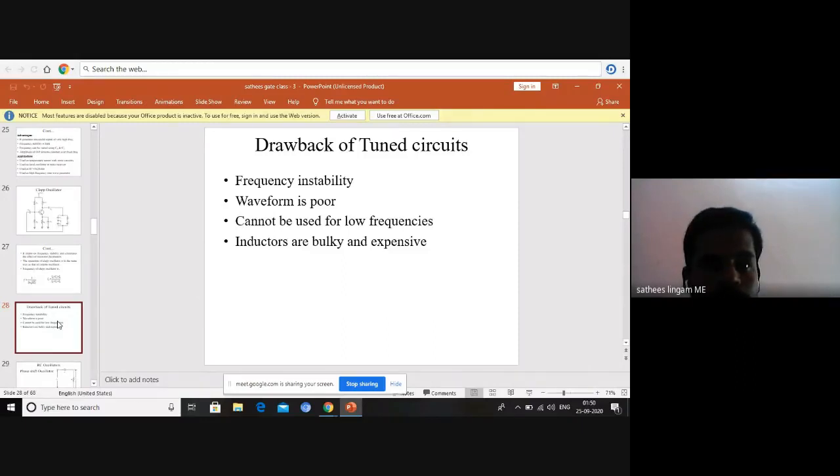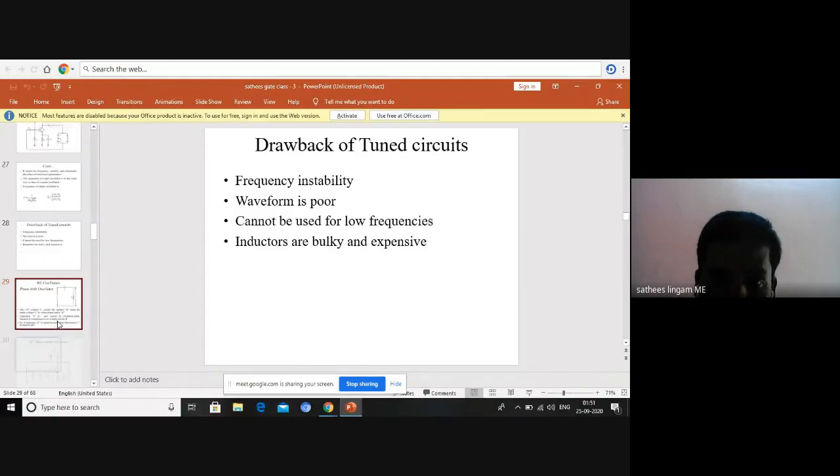That is a very big area, and there is not much of a solution yet, because an inductor is just a coil rotating, like a spring, which is too bulky for absorbing that much inductive energy. So inductors are bulky and expensive.